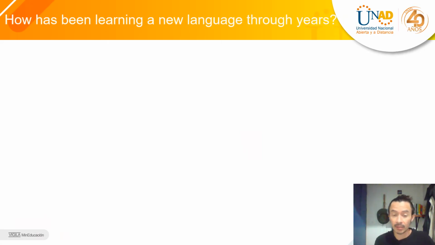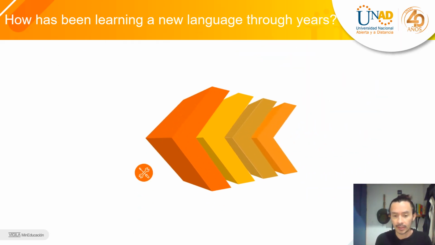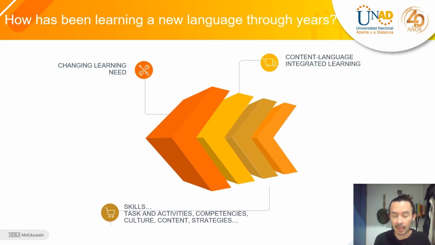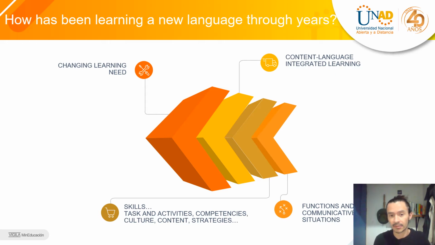The materials development has been changed through the years. Well, but what made this change happen? Well, to answer this question, we keep in mind four important topics: the needs of the epoch, the objectives, the methods, and the knowledge.